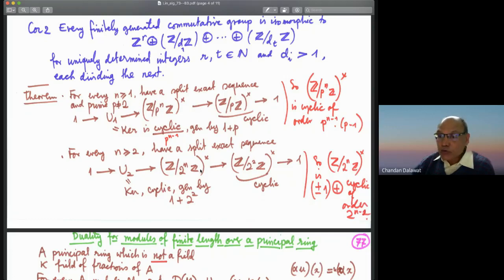For the prime 2, it's actually the direct sum of the group plus minus 1 of order 2 and a cyclic group of order 2 to the n minus 2. Z modulo 2 to the n star is isomorphic to plus minus 1 direct sum a cyclic group of order 2 to the n minus 2. And you can actually take the cyclic group generated by the number 5.